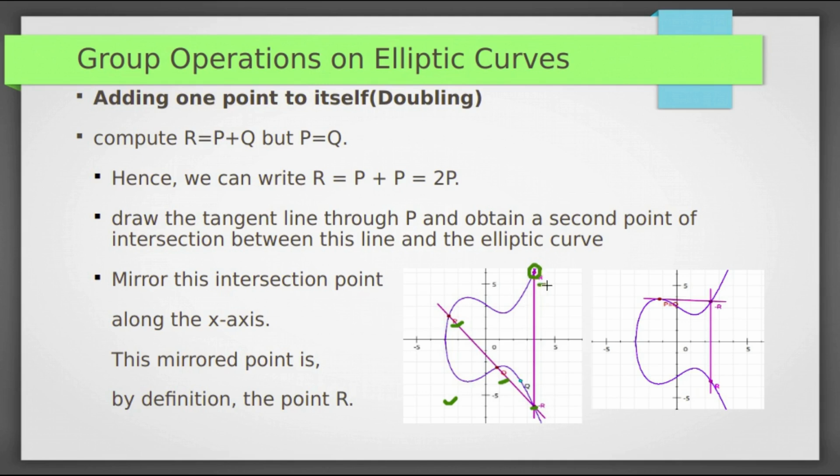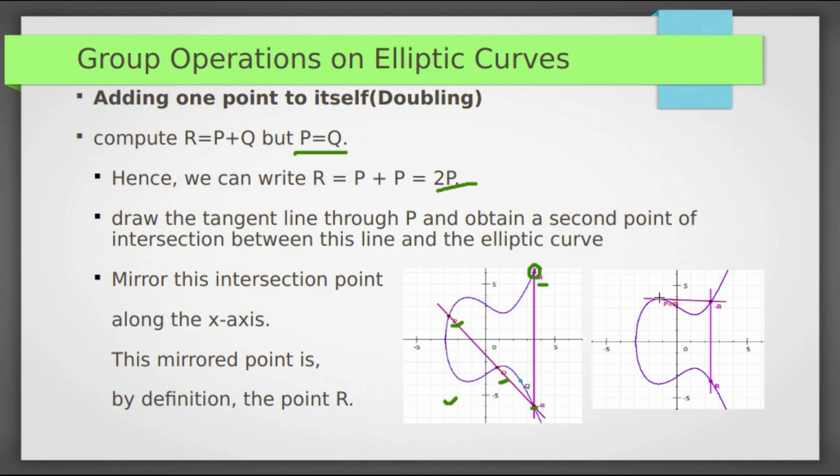This is the R. Point doubling, where points P and Q are the same, means point P is equal to point Q. So we can write R = P + P. It is 2P. It is called point doubling.